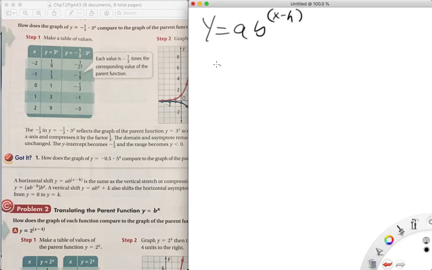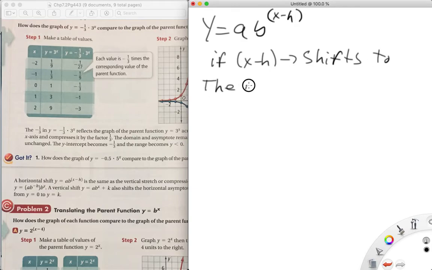If it's x minus h, then it shifts to the right by h.